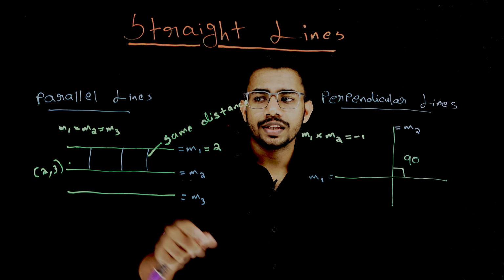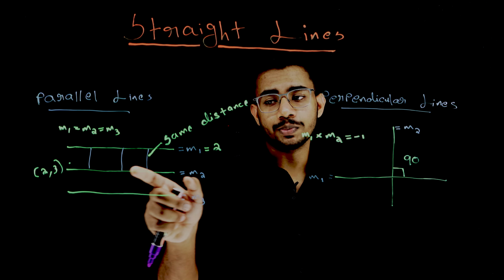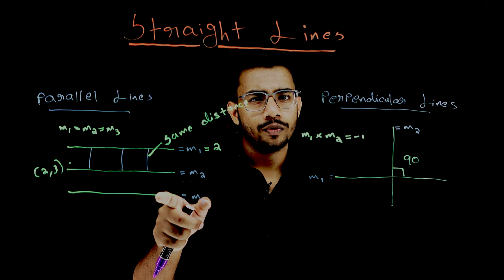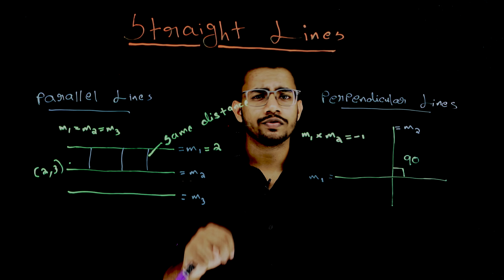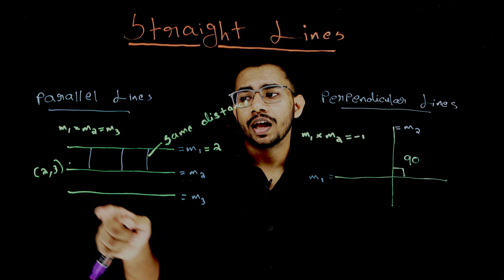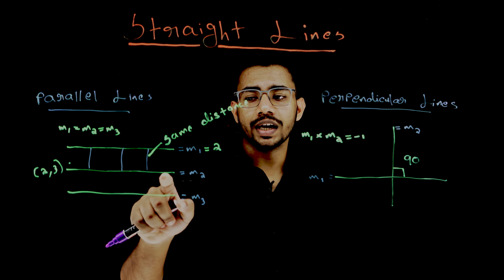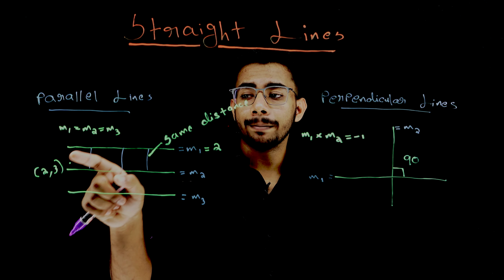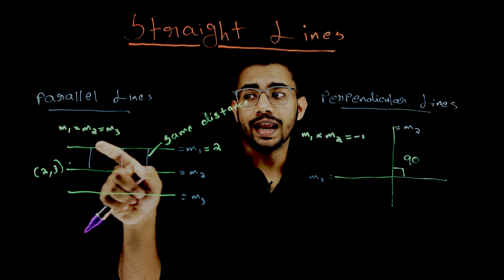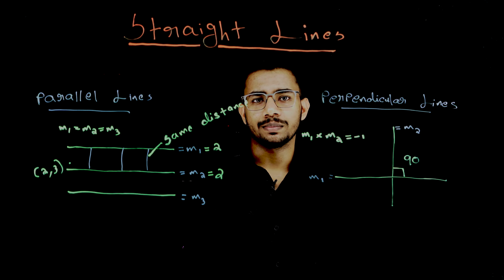They will ask us to find the equation of this line. In the previous video, we saw that to find the equation of a line, we require only two pieces of information, a slope and a point. I have the point of this line, but what about the slope? They have given the slope of the parallel line, and since they are parallel, the slopes should be the same. So here also it's going to be 2. I got the slope and the point, so I can find the equation easily.